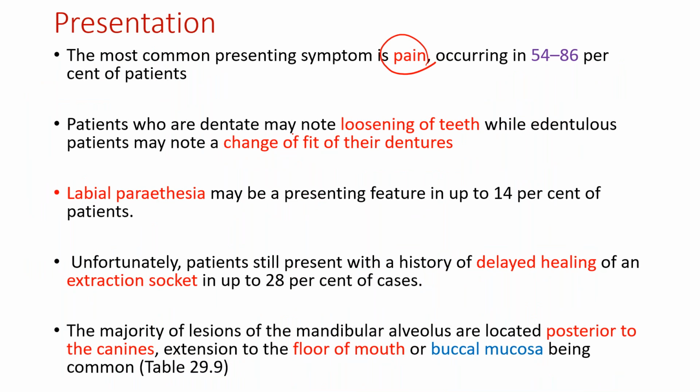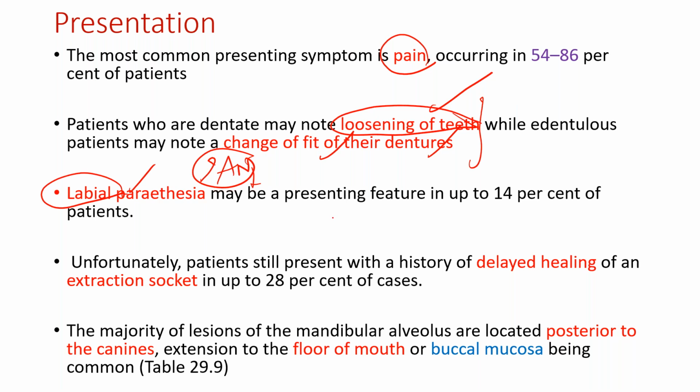They present with pain and loosened teeth. Teeth can be loosened and there is difficulty in fitting the dentures. That is also a presenting complaint. They present with labial paresthesia. If the inferior alveolar nerve is involved, and I told you the inferior alveolar nerve comes out as the mental nerve, if the mental nerve is damaged, there is paresthesia of the lip.